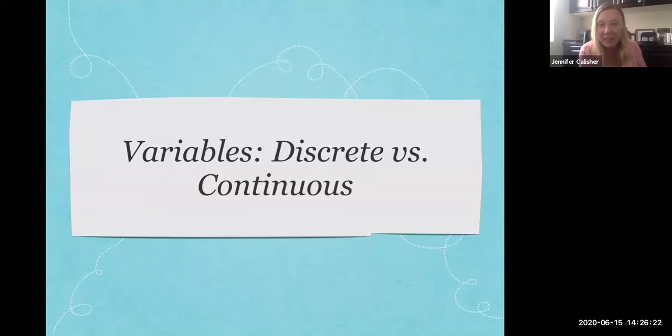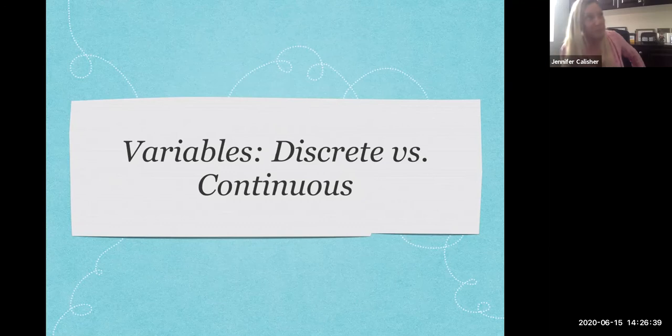And then continuous would be where you're measuring to a certain level of accuracy. For example, if I talk about my height, you guys have no idea how tall I am. I could totally say that I'm whatever feet tall, but I'm 5'7" is what I would normally say. But if you really measured my height, am I exactly 5 feet 7 inches? Anybody? What do you think? No, right?